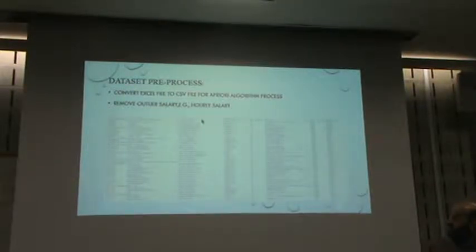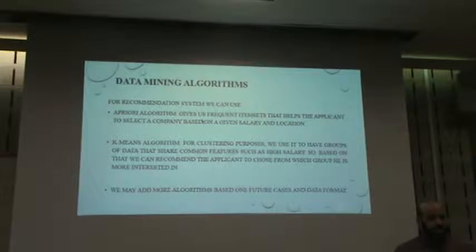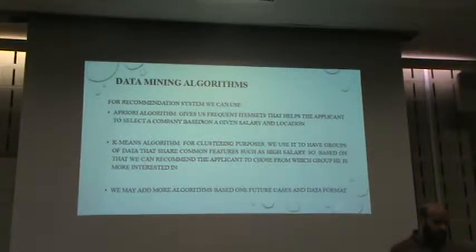It's huge data, but we try to minimize it by cleaning the data first of all and applying some algorithms. Because we are going for a recommendation system, we have to add something like clustering, k-means.